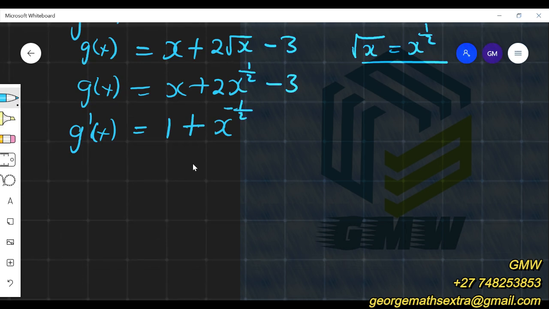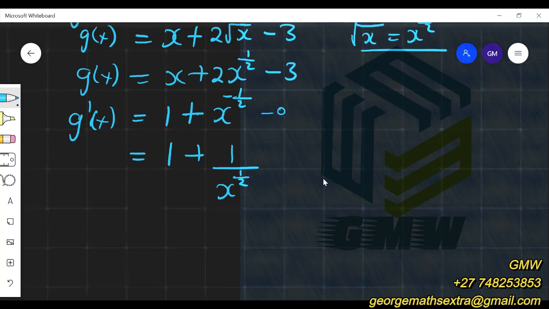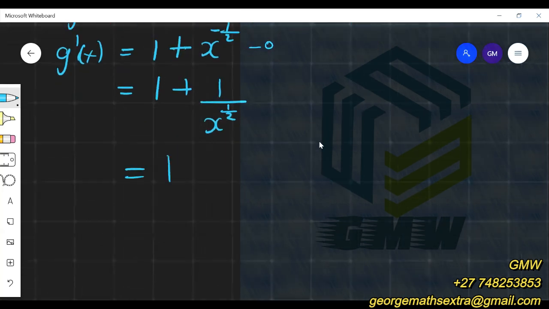Minus 0. So it means it's the same as saying 1 plus 1 over x to the power half, which is just the same as 1 plus 1 over root x. Do you see this?